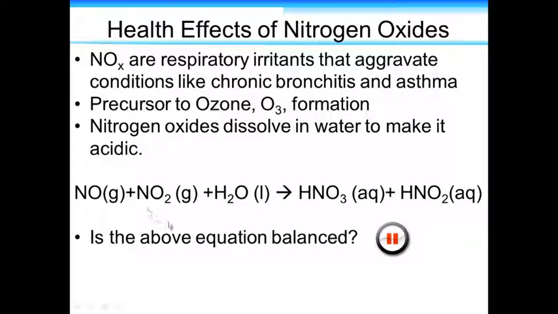I see 2 nitrogen atoms, 2 nitrogen atoms. So far, that looks good. I see 2 hydrogens, 2 hydrogens. That looks good. 3 plus 2 oxygens, 1, 2, 3, 4 oxygens. It is not balanced. Okay, that was just to practice. We're not going to actually balance this equation right now.